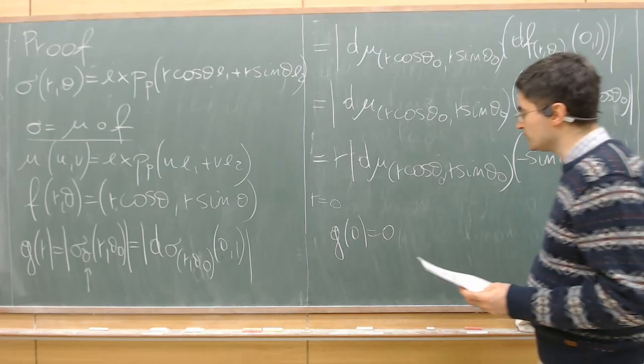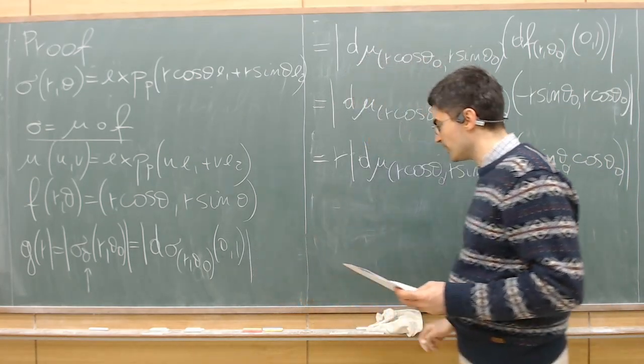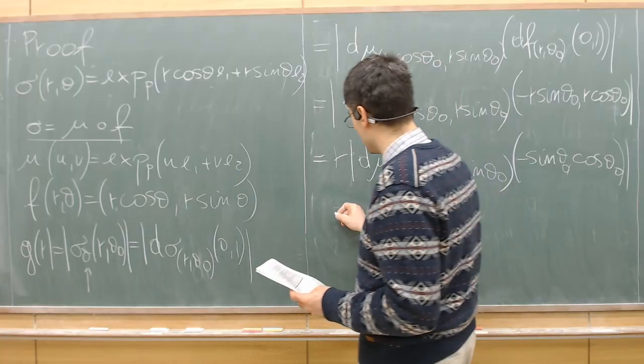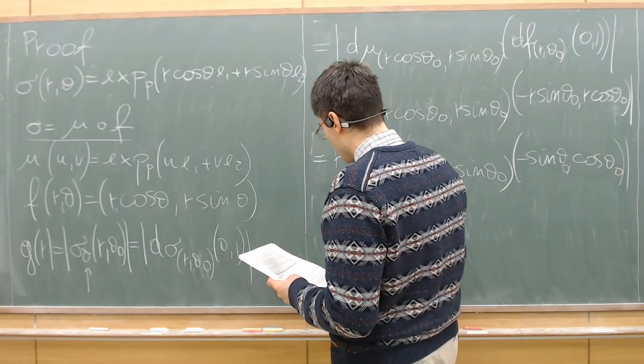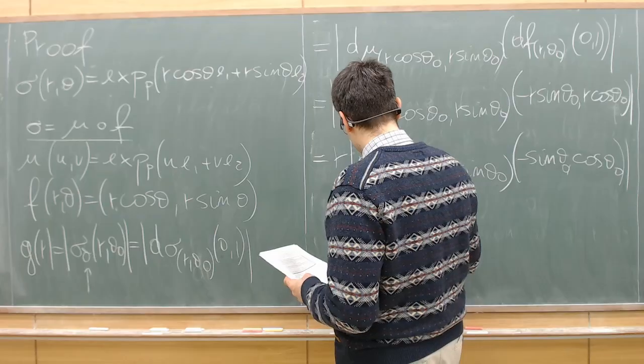Now we have to prove that the Taylor polynomial of order 3 is r minus r cubed over 6 times k of p.